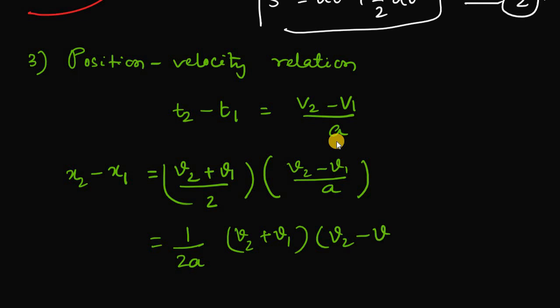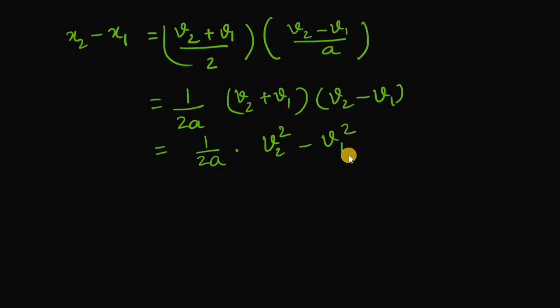V2 minus V1. Now this formula sounds very familiar, which is basically A plus B whole into A minus B. So that would give me 1 by 2A into V2 square minus V1 square, isn't it? I can take V1 as the initial one, V2 as simply the final velocity, and x2 minus x1 as starting from the origin, which would give us simply s.